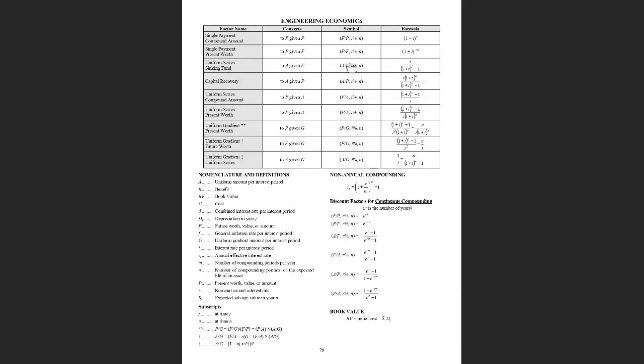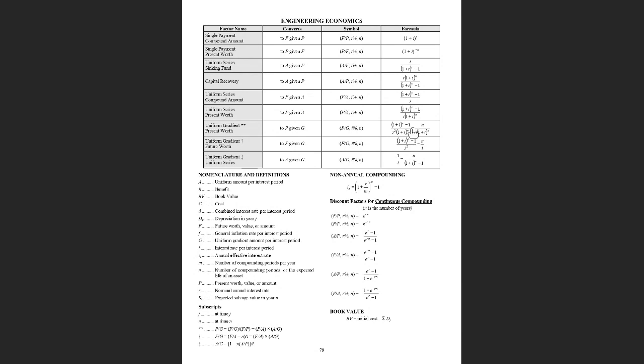For example, you want to find F given P for interest rate 5 and number of years 3. You place I as 0.05, which is the ratio, and 3 as N here, and you calculate it to find F given P. Instead of doing all those steps, the tables were generated to calculate it for you, so you don't have to recall those formulas. Those are given just to show you how it was founded from the beginning. Yes, those tables are done by those formulas.